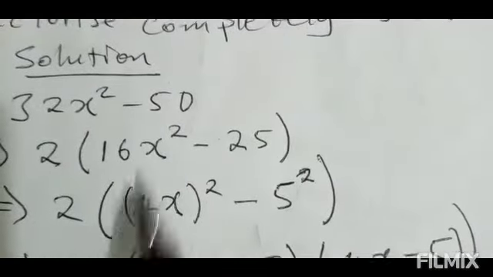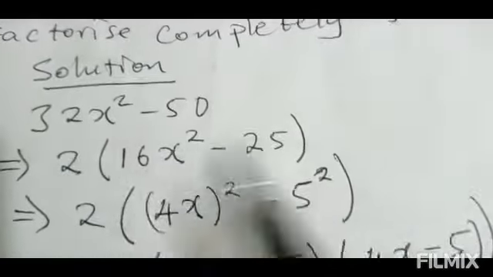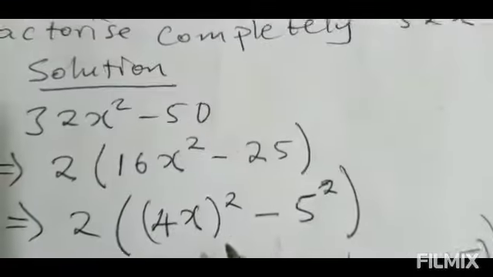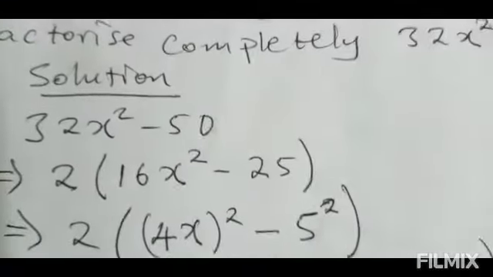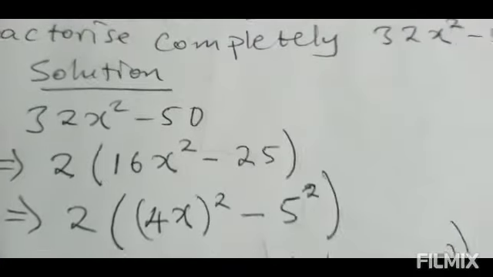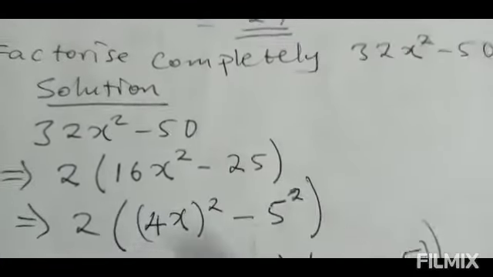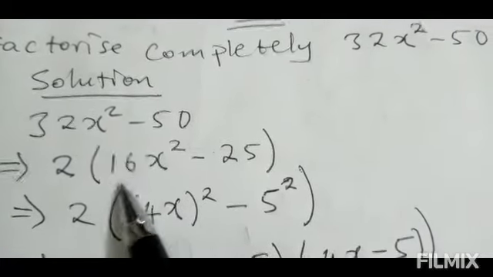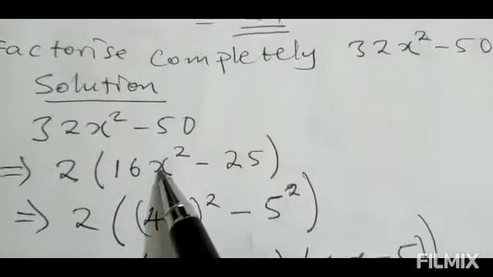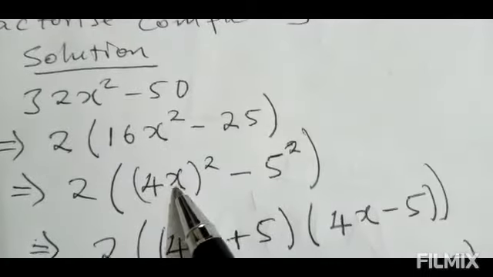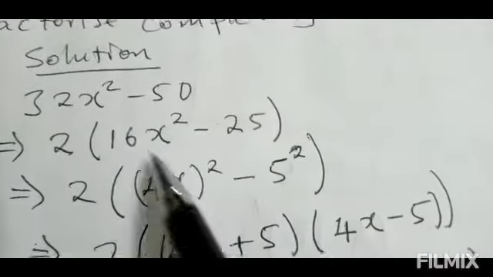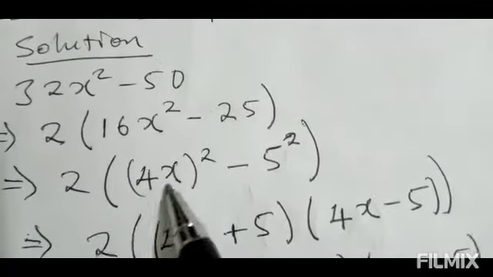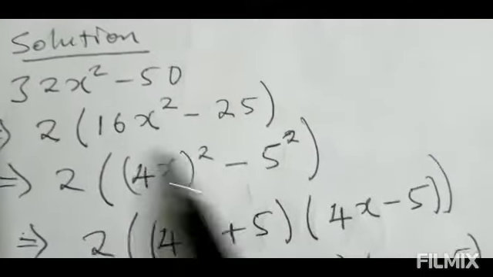So now these ones I've got, these are perfect squares, okay? So we can do difference of squares. So 16, okay, is 4 squared. Then x squared is x squared, okay? So we can put 4x in brackets squared, because this is going to give us 16x squared.